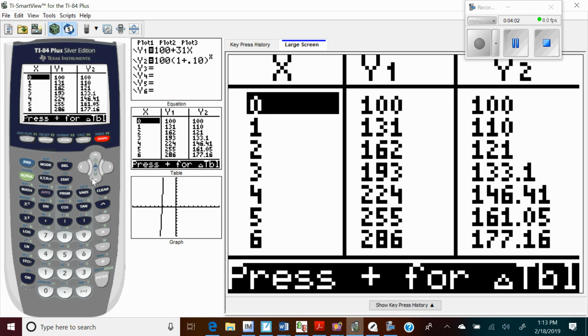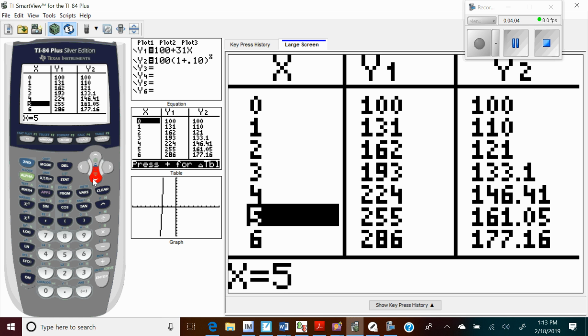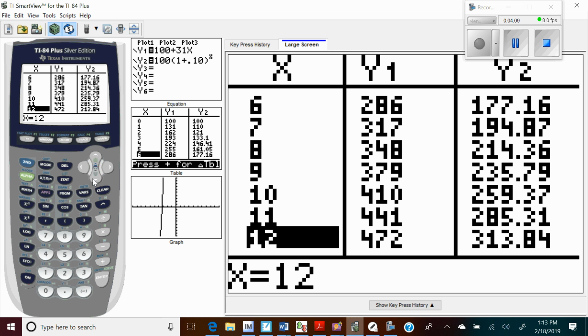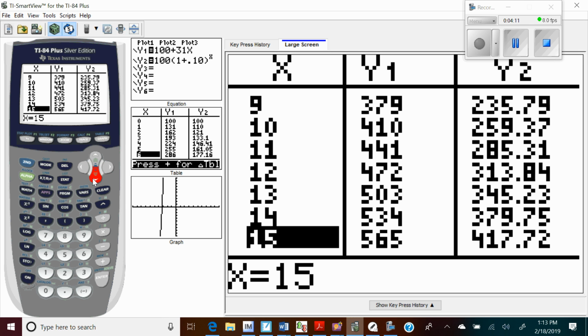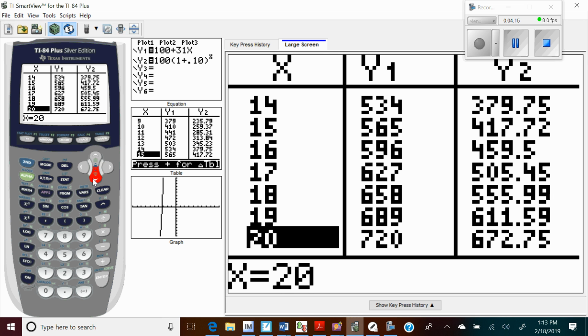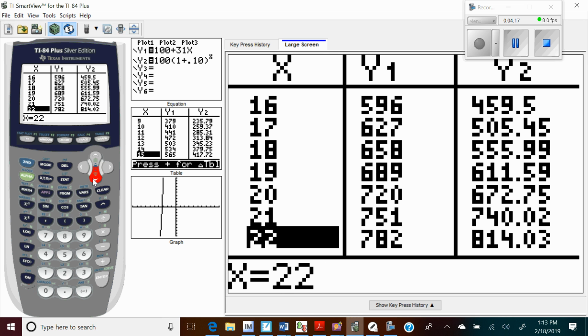So we'll just keep tabbing down here until the Y2 column is bigger than the Y1 column. Not yet, not yet. There we go. So right here at the 22nd month, we'll have 814 employees over 782.